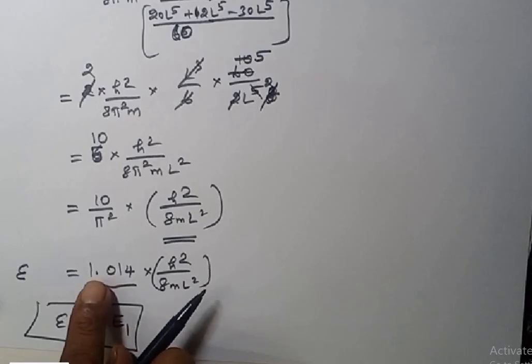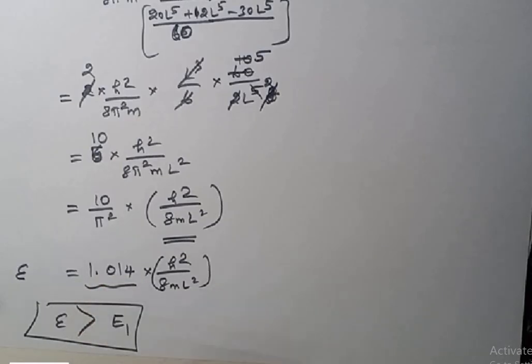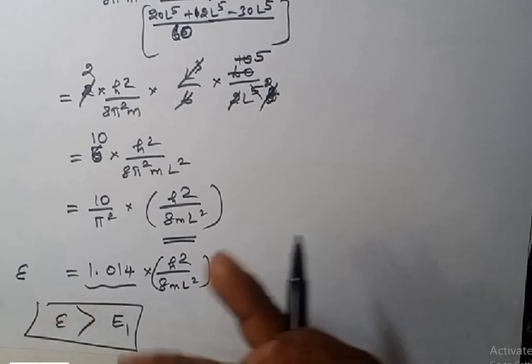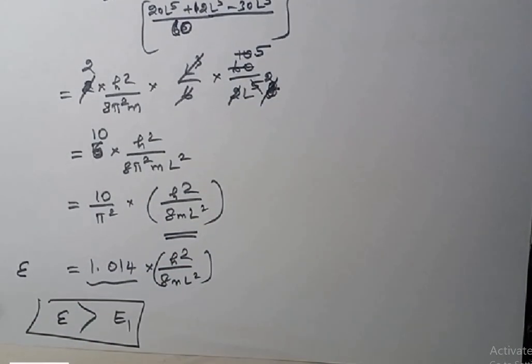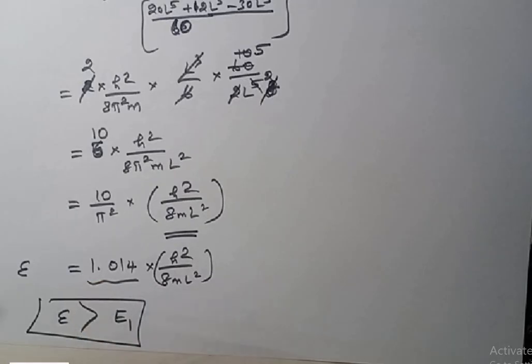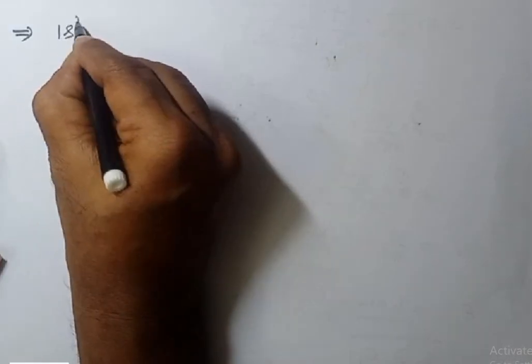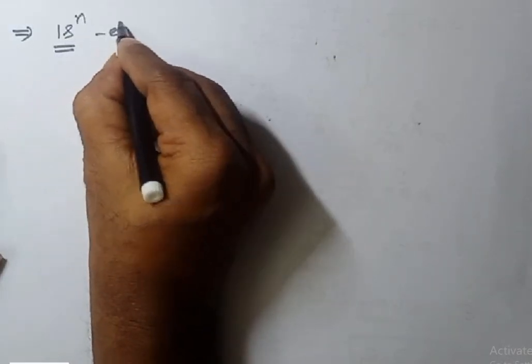But it is only slightly greater, see, 1.014. It is slightly greater because we have chosen a function which obeys the boundary condition, so it is somewhat close. Listen, this formula is applicable for any system containing a 1s n electron.